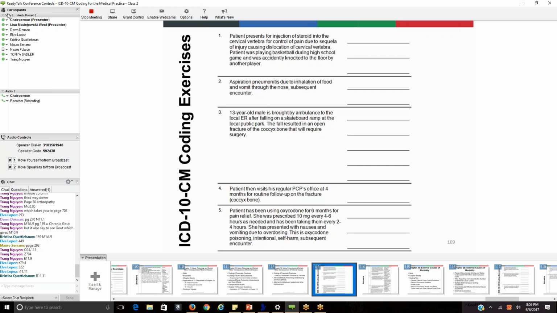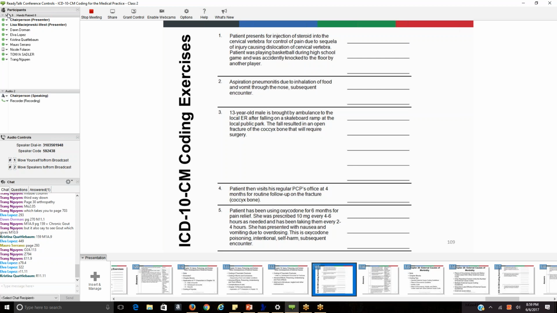I came up with also, and again, we have a fall from the ramp, but we also have the fall off the skateboard. So I had a skateboard accident on mine, V00.131A, which is fall from skateboard.